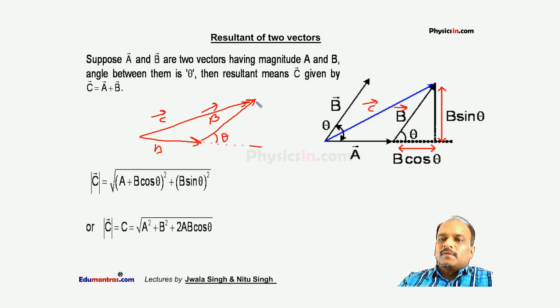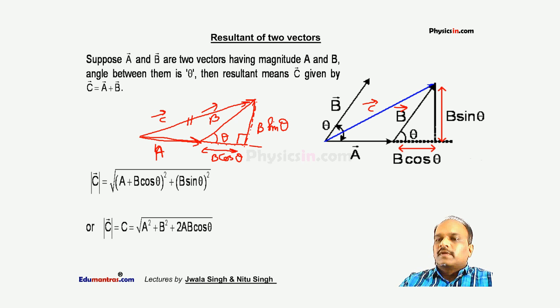Now if I drop a perpendicular from here, this length comes out to be B cos theta. This length is B sin theta. So I can say the magnitude of vector C is root over this square plus this square, because it will form a right angle triangle.